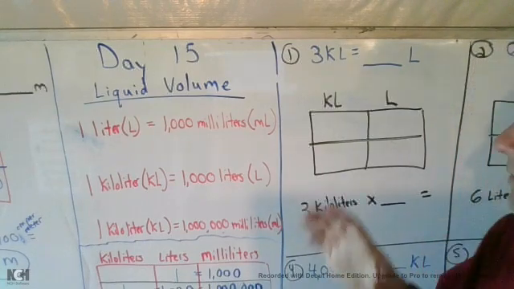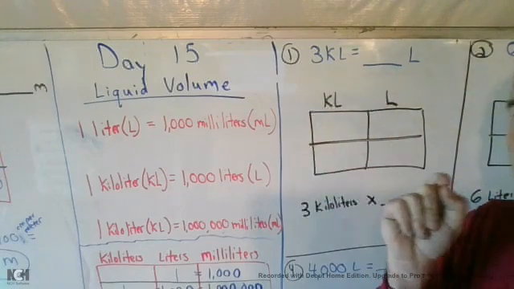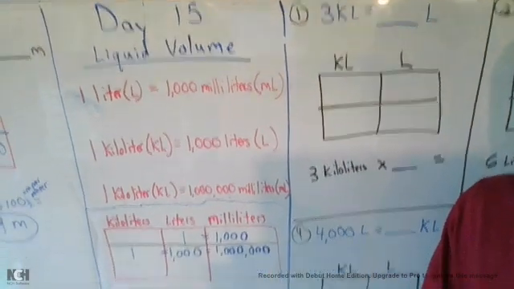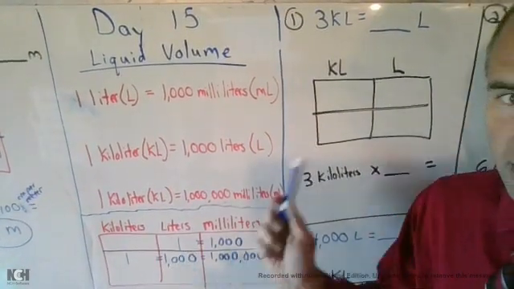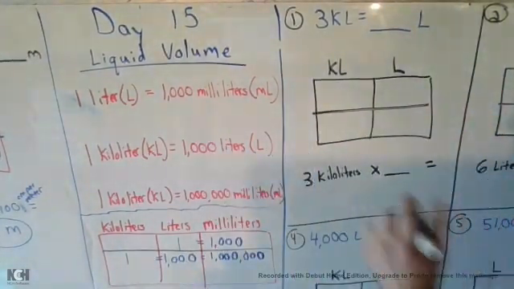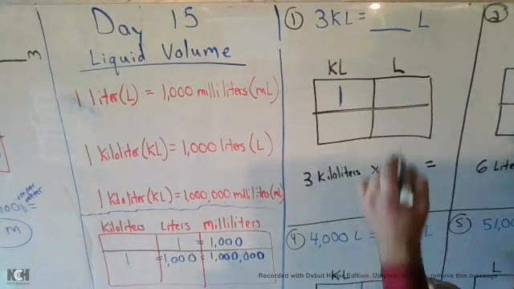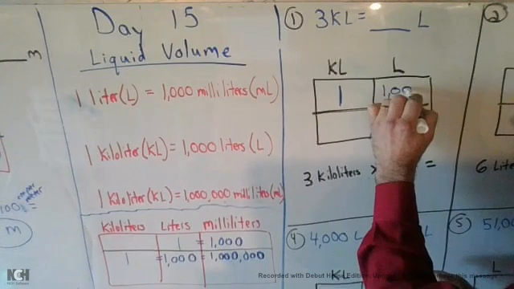But if I have 3 kiloliters, how many liters will that be? According to our table over there and our formula up here, 1 kiloliter will give you 1,000 liters.